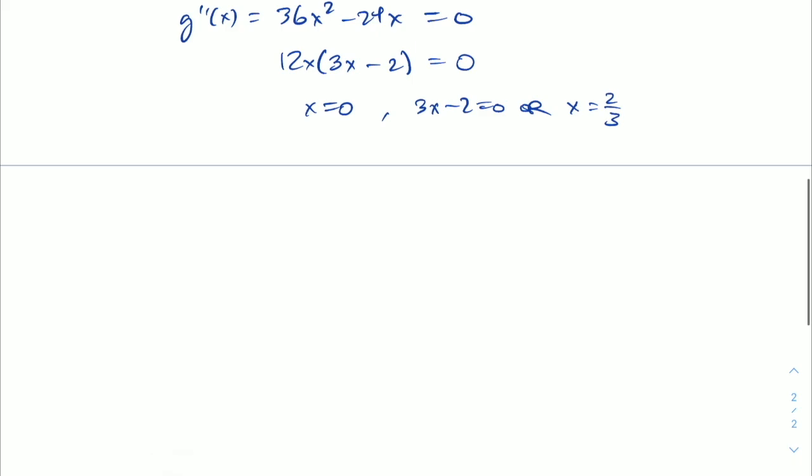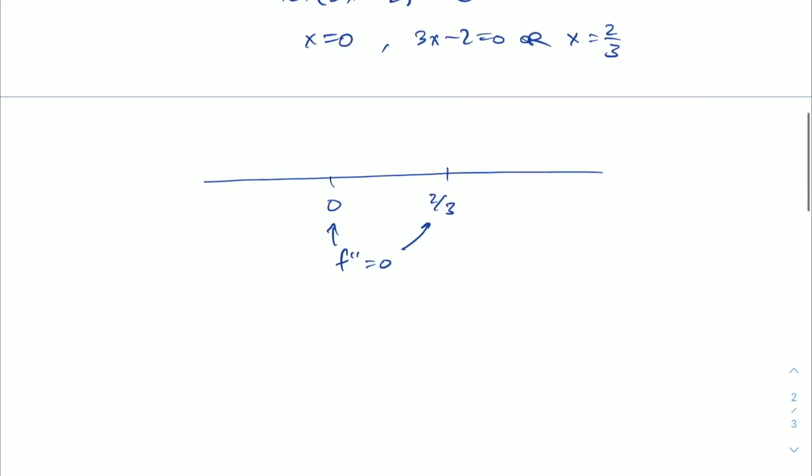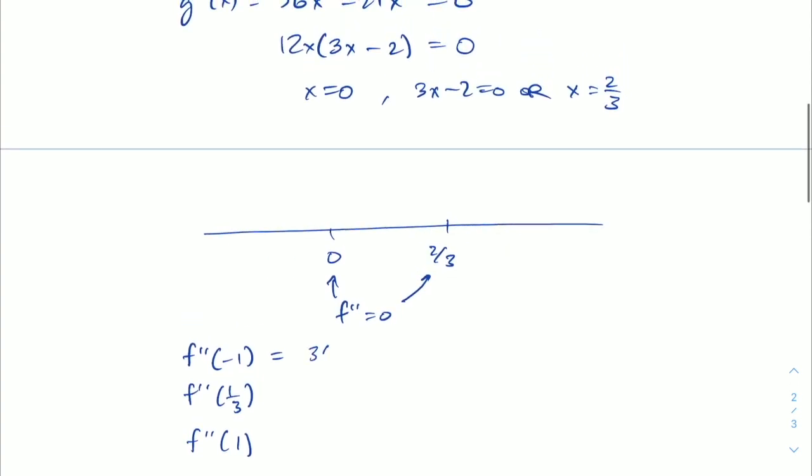Let me do a sign diagram to see what the second derivative is doing before and after these zeros. At 0 and 2/3, f double prime is 0. Now let's put in some test points: negative 1, 1/3, which is before 2/3, and positive 1 into our second derivative, 36x squared minus 24x.